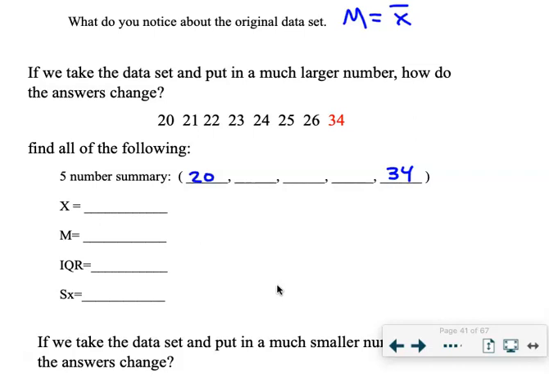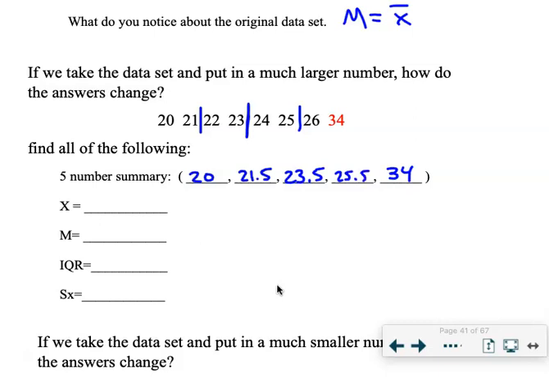Our median has to change a little bit. Now there's 8 numbers, so the middle is between the 4th and the 5th. That's going to be 23.5. Then Q1 would be halfway between 21 and 22, which is 21.5. And Q3 is halfway between 25 and 26, so 25.5.